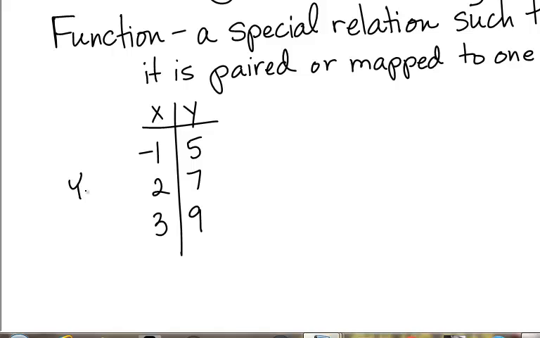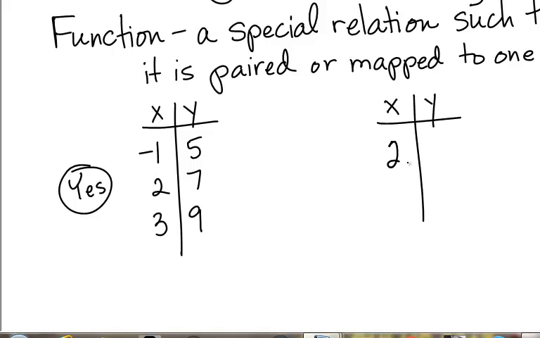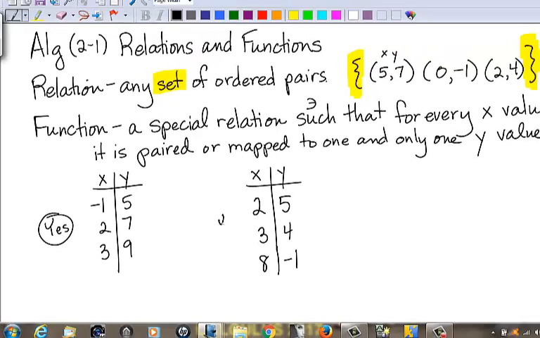So this one, yes, it is a function. Let's do another one. Say I do 2, 5, 3, 4, 8, -1. For every x, is it mapped to just one y? Yes.